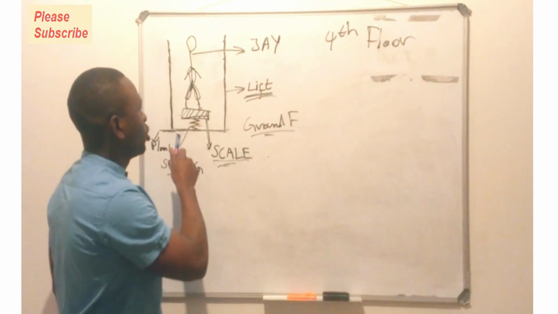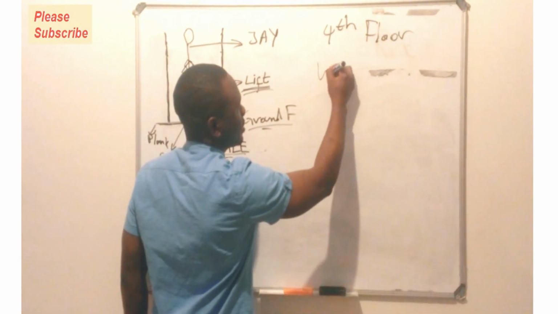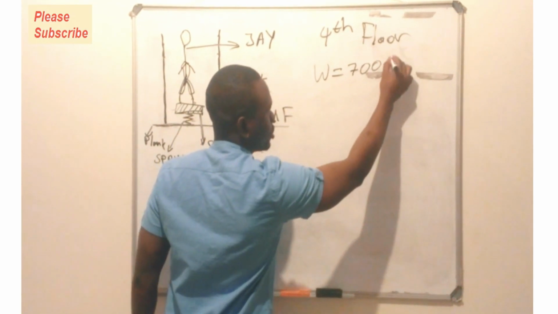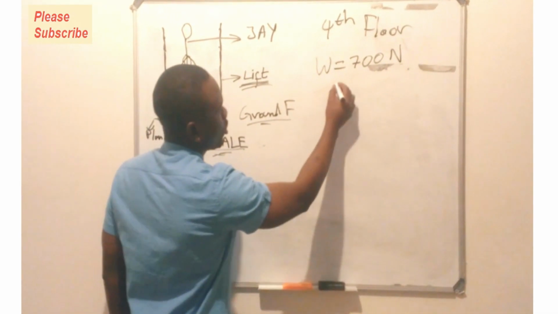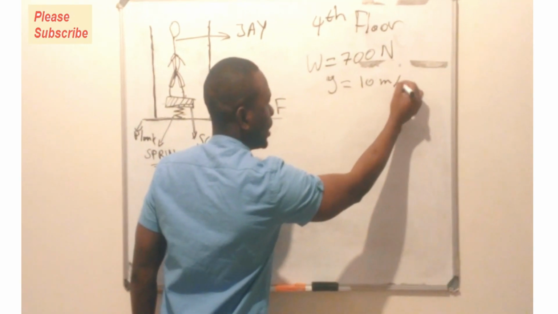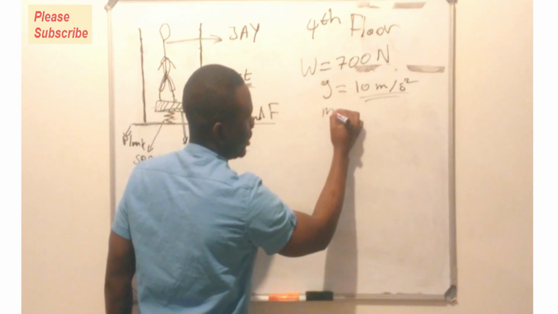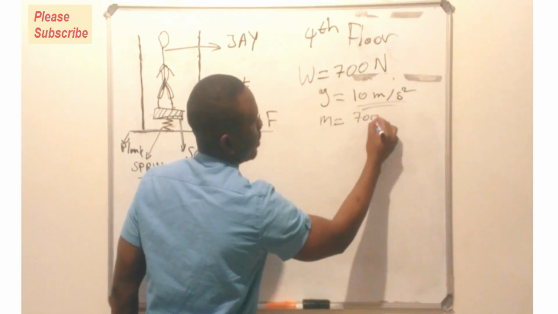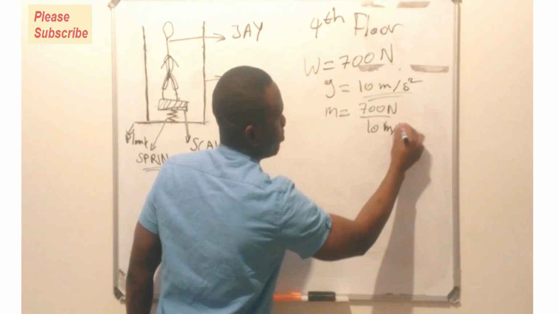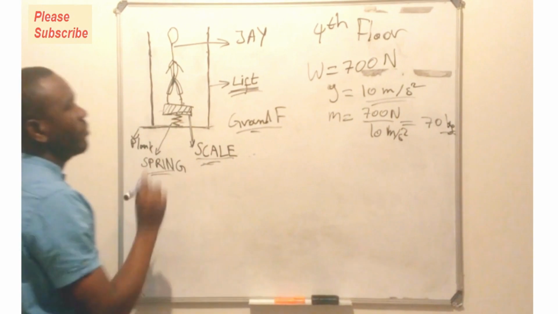So J, before the lift starts moving up, realizes that his weight is 700 Newton, considering the acceleration of gravity of 10 meters per second squared. So obviously J's mass is 700 Newton over 10 meters per second squared, which is 70 kilograms.